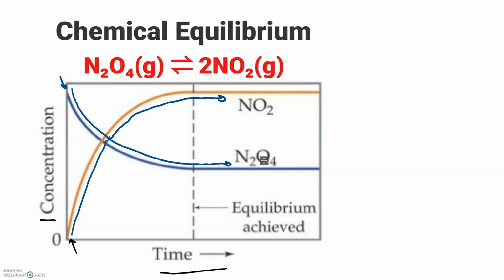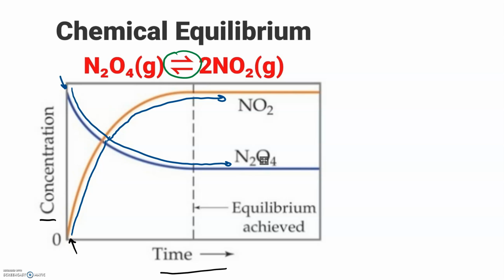And what's going on here is represented by these two arrows that are pointing in both directions. That means that as we get to a certain point, we reach what's called chemical equilibrium. It isn't that the reaction stops running. It's that it runs in both directions simultaneously in such a way to keep the ratio of concentrations of reactants and products completely constant.